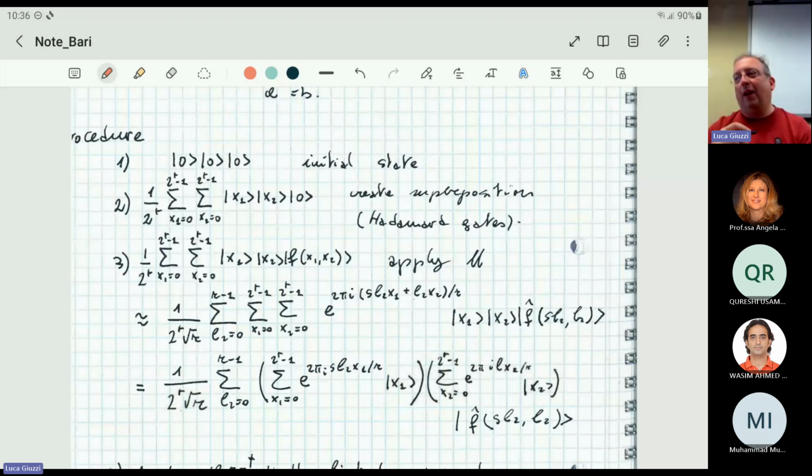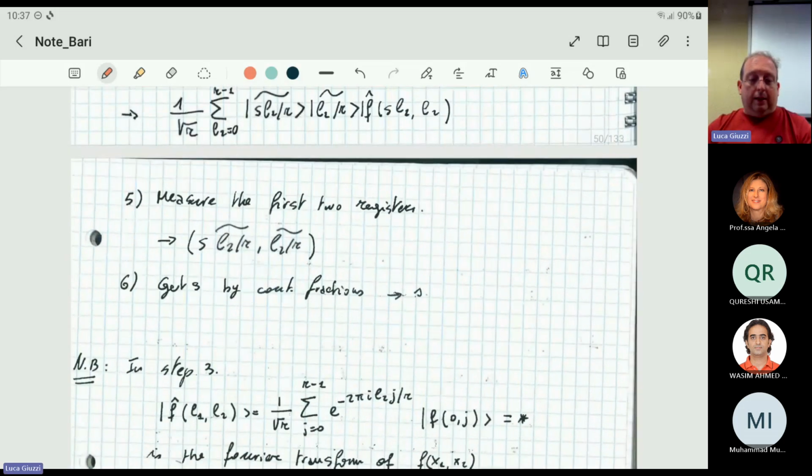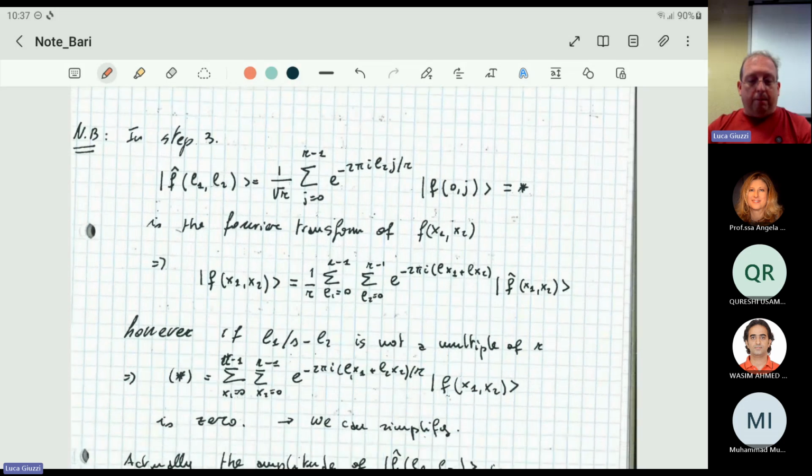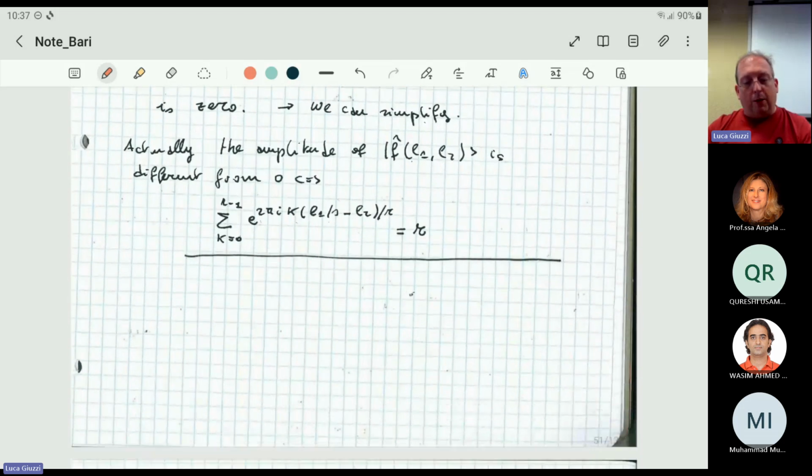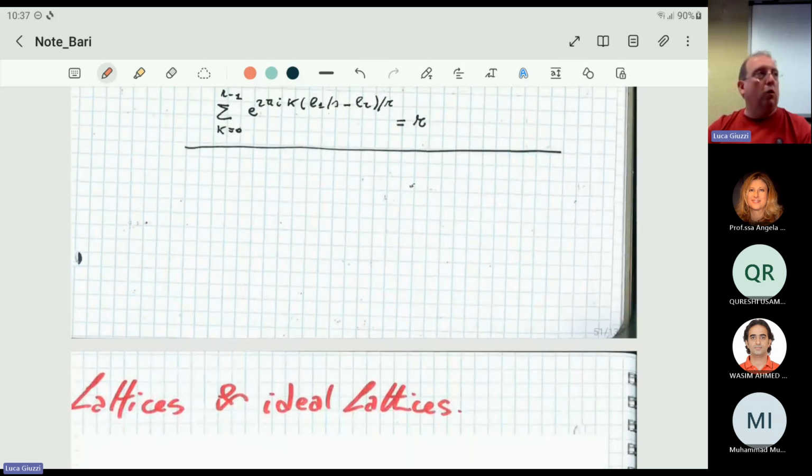And we expect to have a peak, that is to say, some outcome which is more probable than others, for the value which corresponds to the discrete log. These are algorithms and problems which can be solved efficiently with a quantum computer.